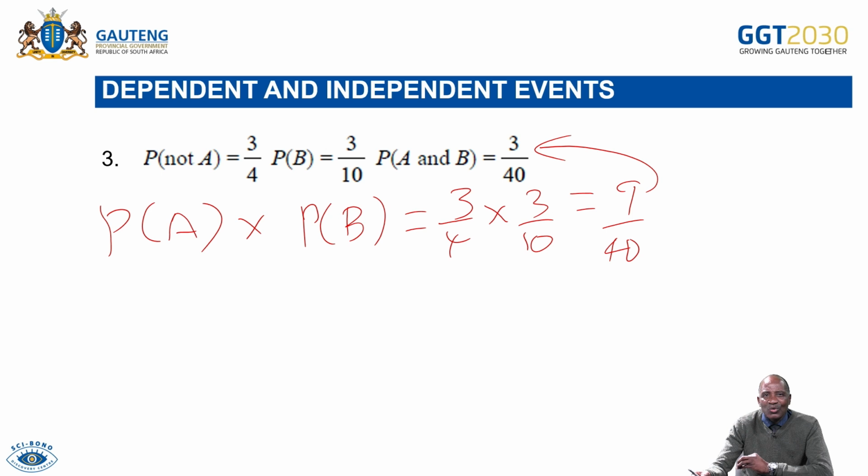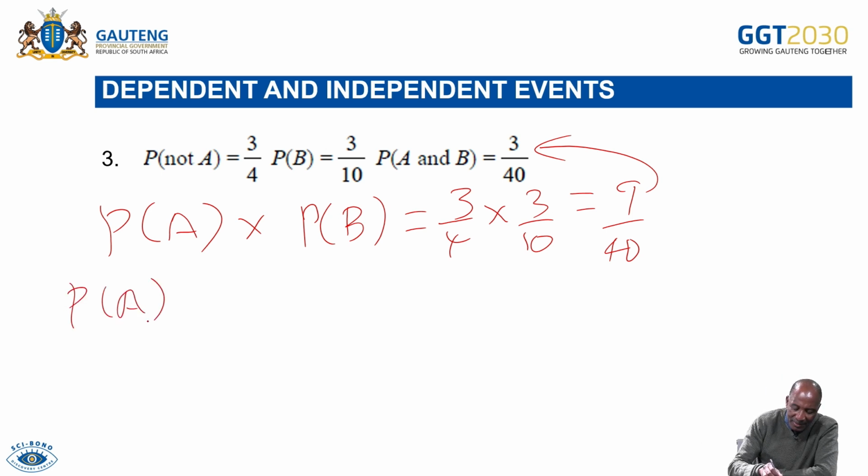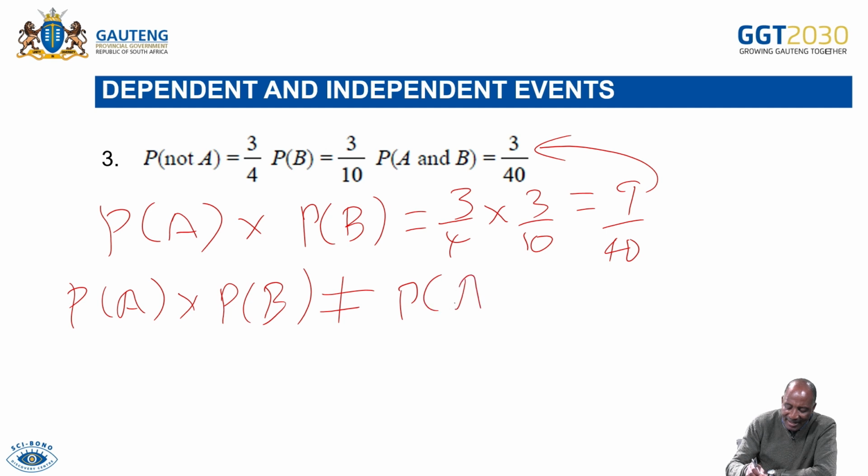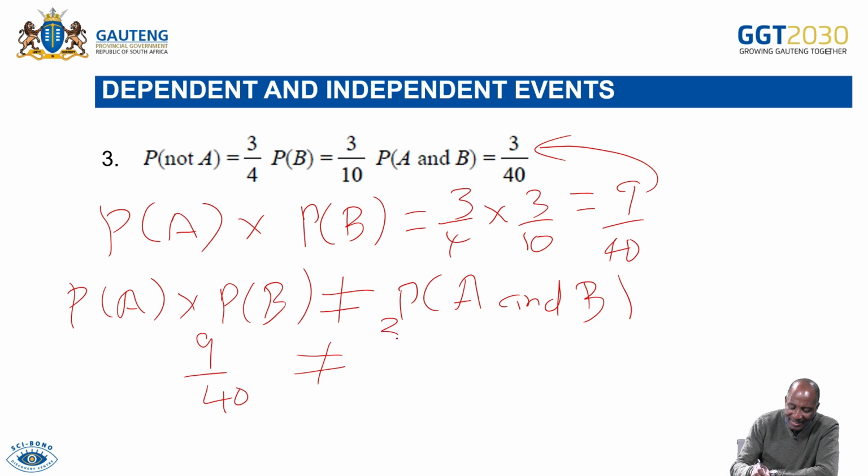According to the product rule, when you multiply the individual probabilities, they must always give you the probability of A and B. But here they don't balance. Therefore, probability of A multiplied by probability of B is not equal to probability of A and B. In other words, 9 divided by 40 is not the same as 3 divided by 40.